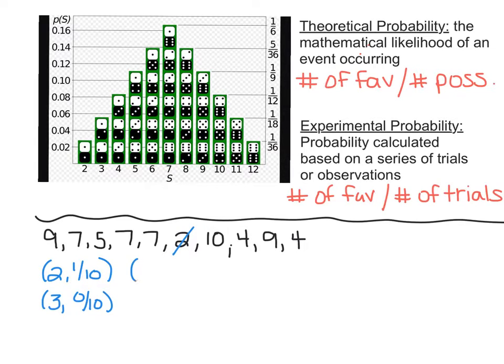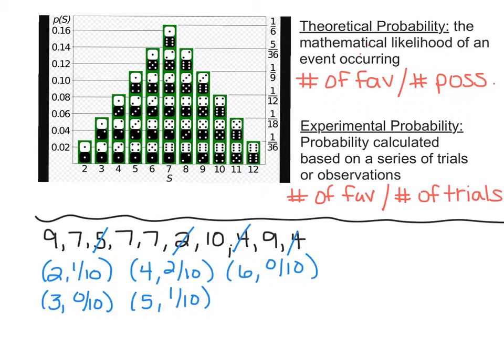Okay, you can see where this is going. 4, I got 2 out of 10. 5, I think I got just 1 out of 10. 6, I didn't get any of those, so that'd be 0 out of 10. 7, I believe I got 3 out of 10.